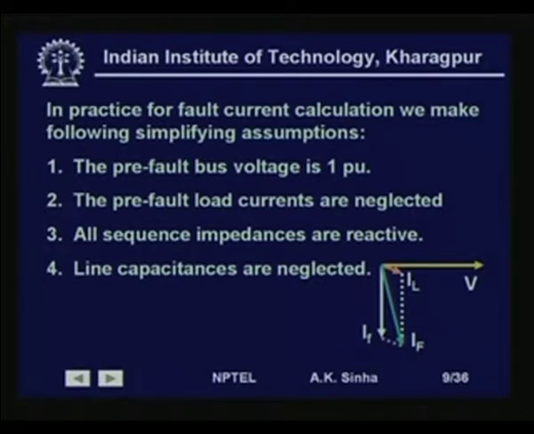Well, this assumption is made mainly because the line capacitances are basically drawing the charging current, and this charging current is much smaller than the load current, and therefore, its effect is hardly there when the fault current flows, and therefore, we can neglect this charging current, which means we can neglect the line capacitances.